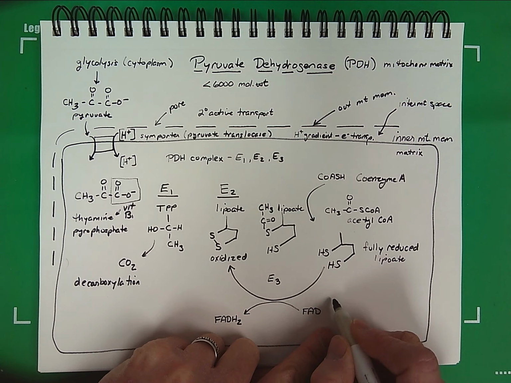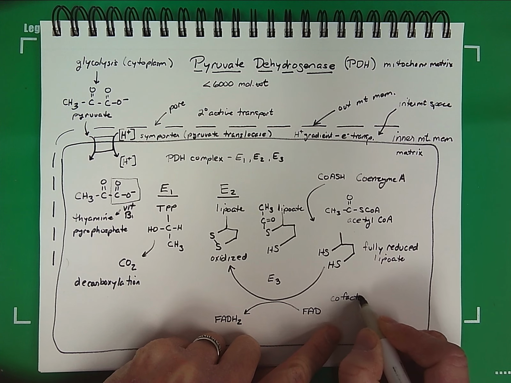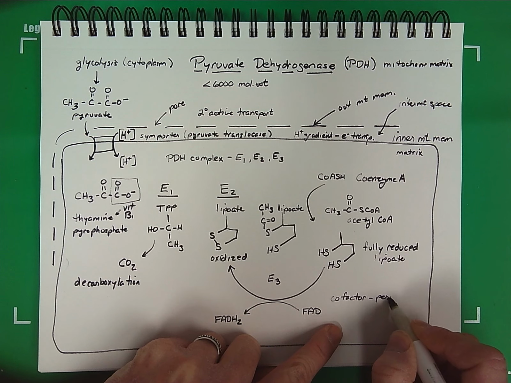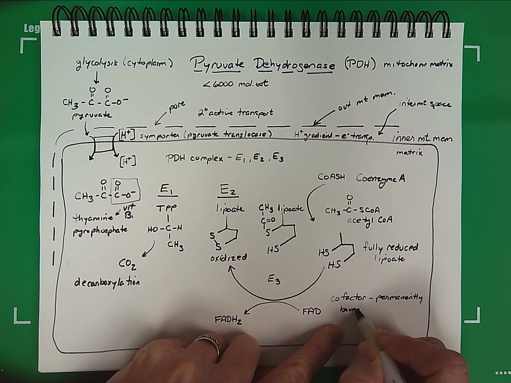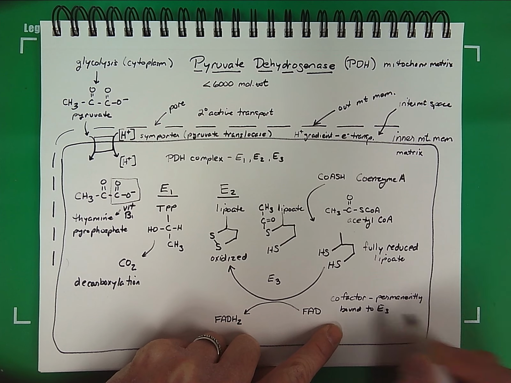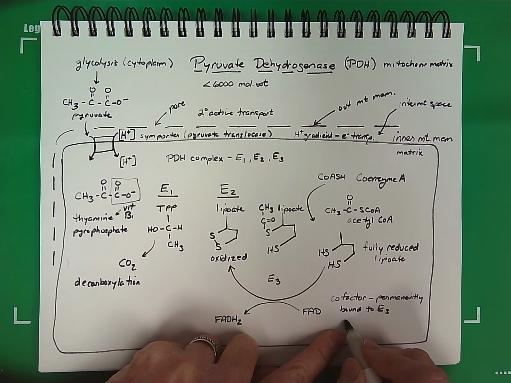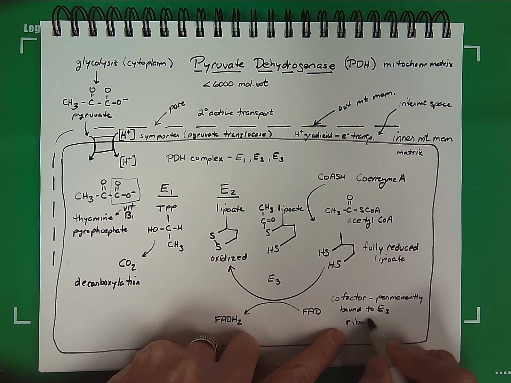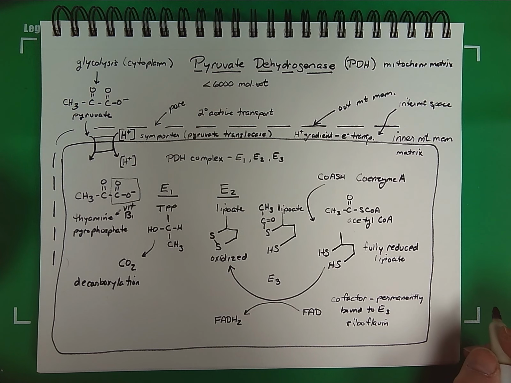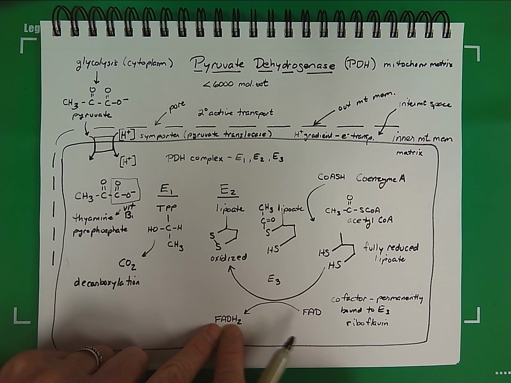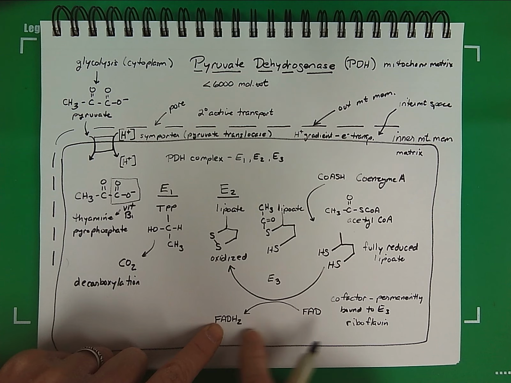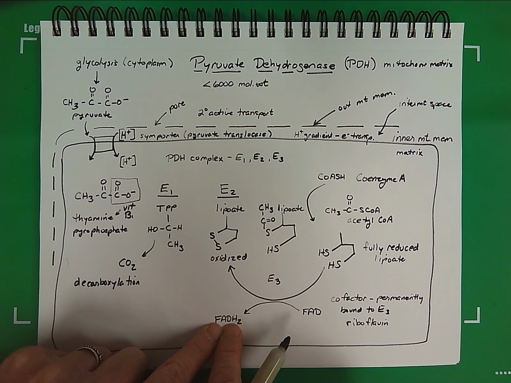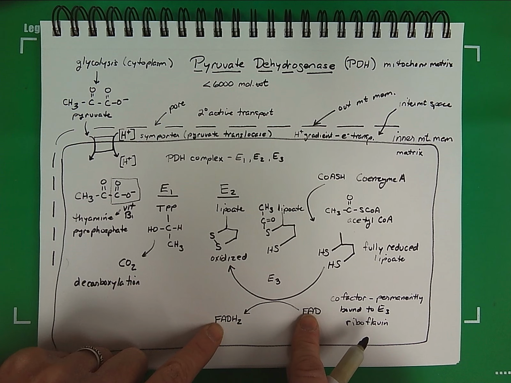Now, FAD is another cofactor that is permanently bound to E3. Being a flavin molecule, this is another vitamin generated from the vitamin riboflavin. Now, in order to regenerate FAD, to continue the oxidation of these reduced lipoates, we need to oxidize FADH2 back into its oxidized form.